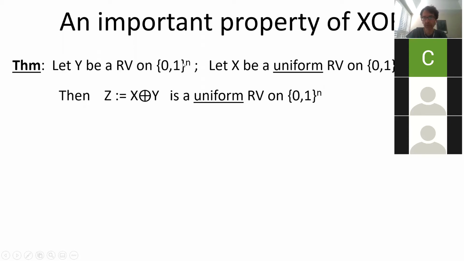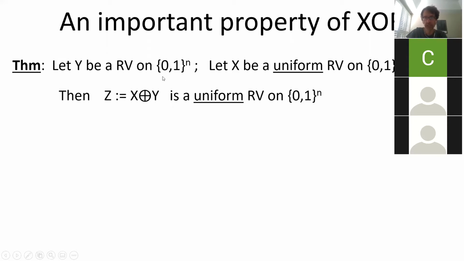So how do you read this? This is a set of two values, 0 and 1, right? So this set is a set of bits. And what does it mean, a set to the nth? It's a set of strings over this alphabet. So {0,1}^n is the set of all bit strings of length n.